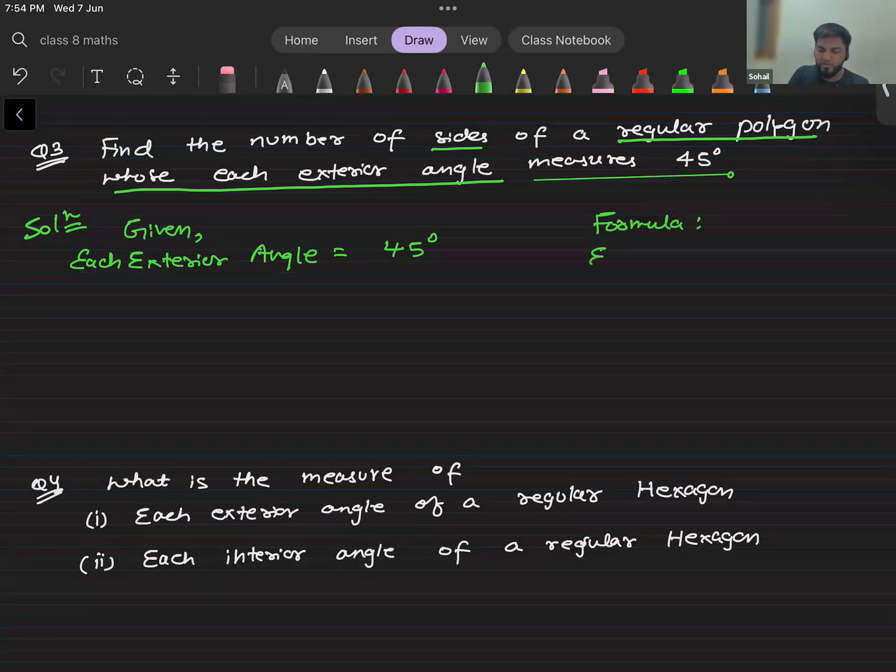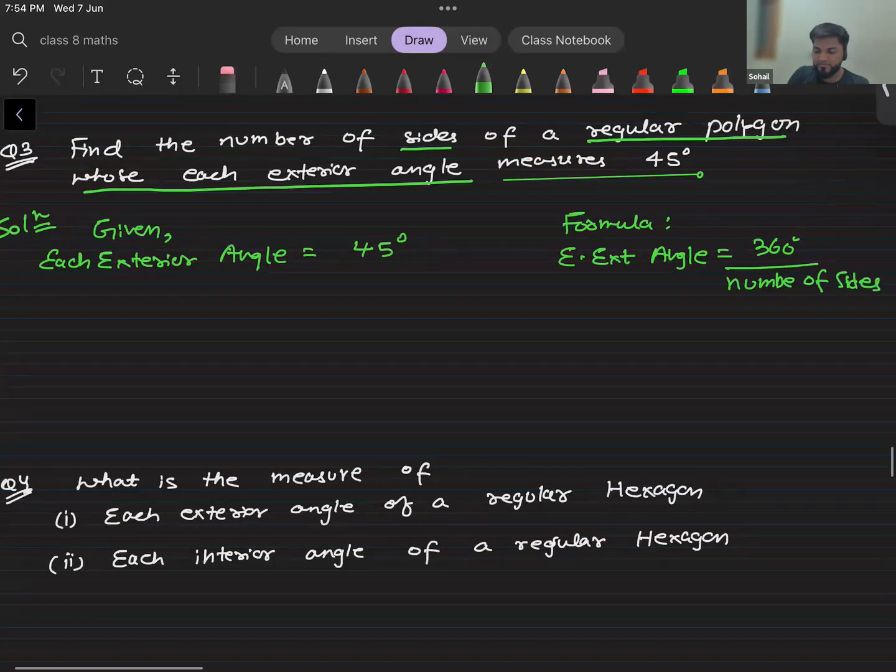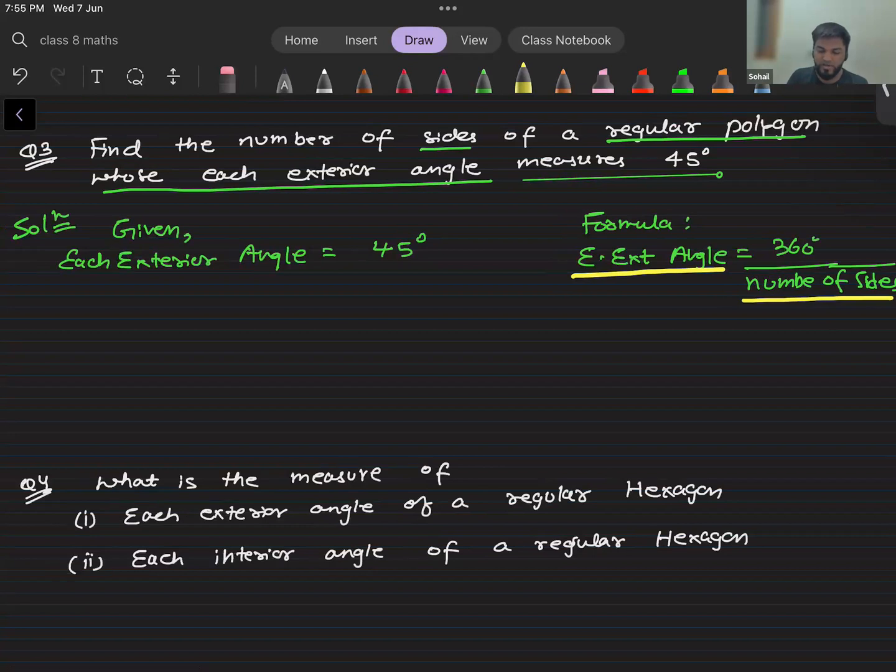That is each exterior angle equals 360 degree upon number of sides. Yes. Anyone who got the answer?